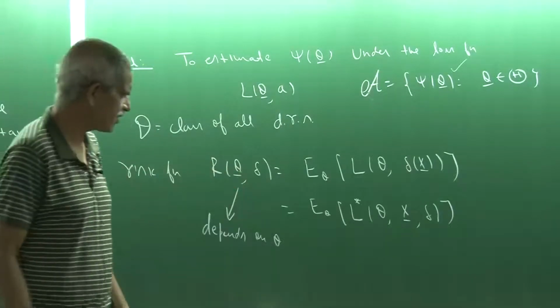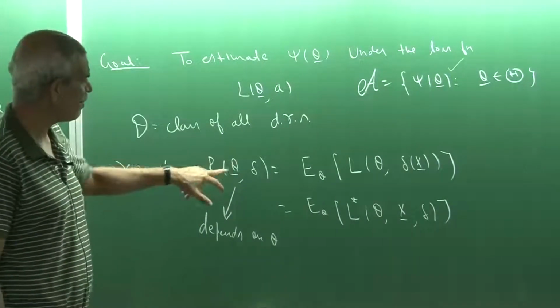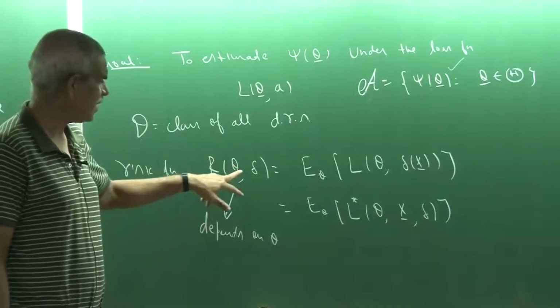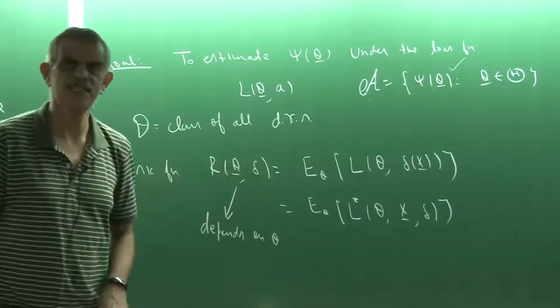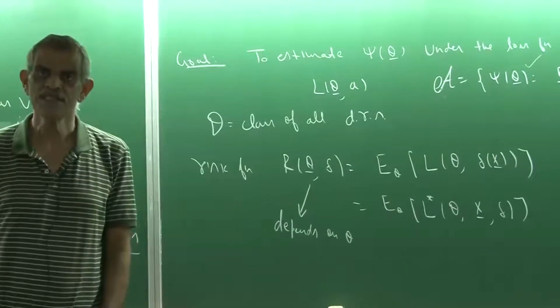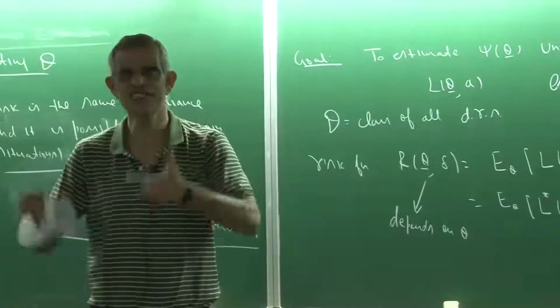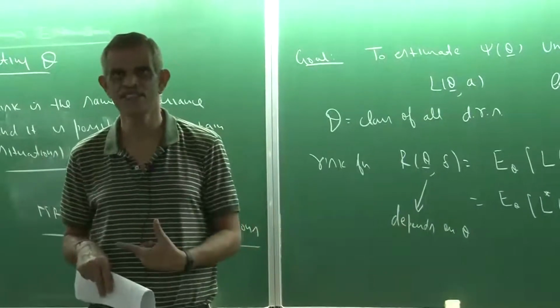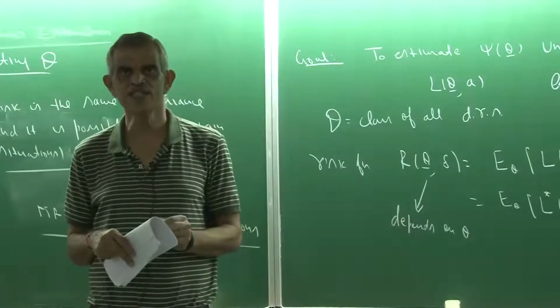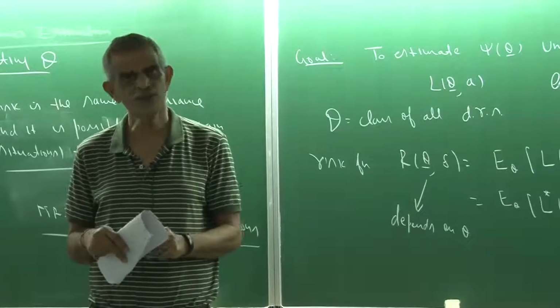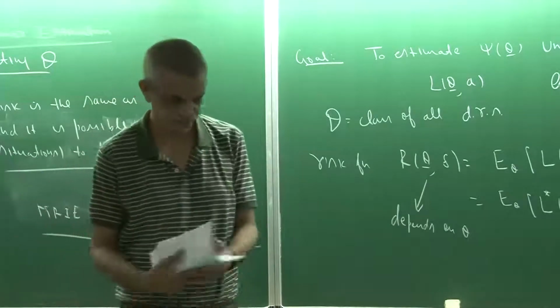So let us consider that situation. If I have prior information on this theta, then rather than considering r theta delta, I may consider the average risk. Because theta is random, I can talk about the average risk. And this true state of nature I have modeled through my past experiences.